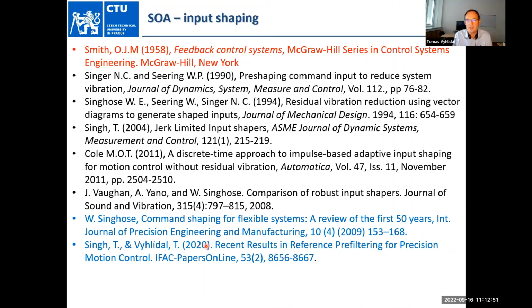He proposed a sort of posicast controller or compensator, which is actually exactly the same very basic input shaper which was targeted in the 90s by the group of Singer, Seering and then Singhose at MIT.